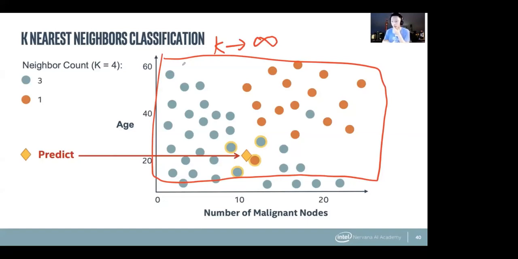Yeah, exactly, right? Because then you'll predict the same thing for everything. That was just a quick concept check. If you set K to infinity, it'll literally average everything. No matter where you are on here, you will consider all the nearest neighbors, which is the entire data set. And then you won't have a decision boundary. It'll just be whichever label is more common in the data set that you predict at every single point.